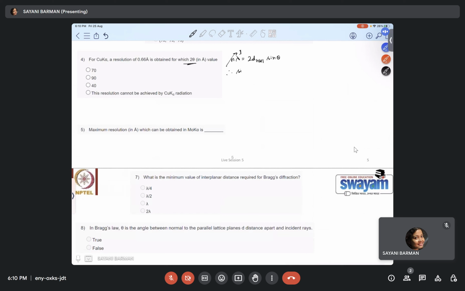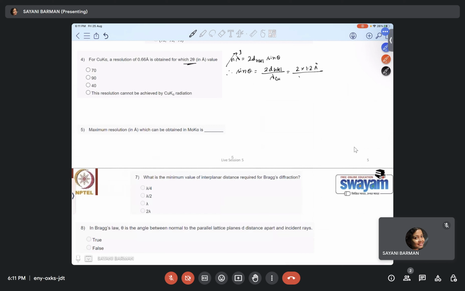Taking sine theta on the left hand side, it would be lambda over 2 DHKL. Now, DHKL here is considered as 0.6 Armstrong, so 2 into 0.6 Armstrong divided by lambda of copper.